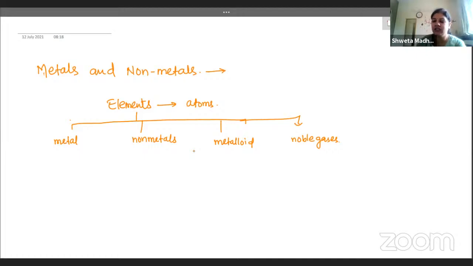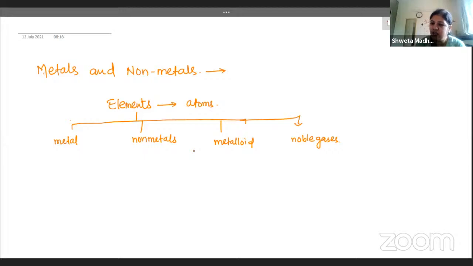Just like in the case of electricity, current carrying capacity or heat capacity. Metals are very good conductors, so they conduct current very fast with less obstruction. They provide very little resistance, and non-metals provide more resistance, so current won't flow through them.